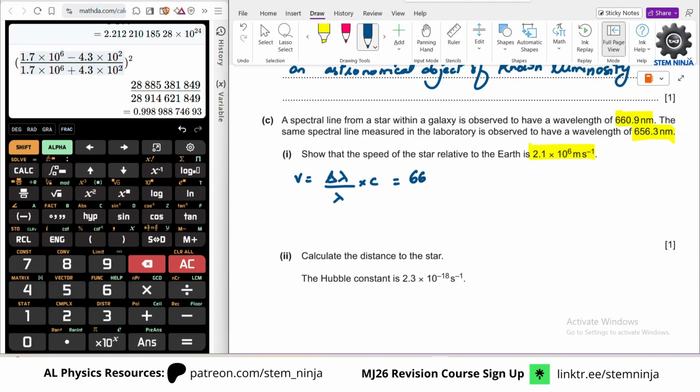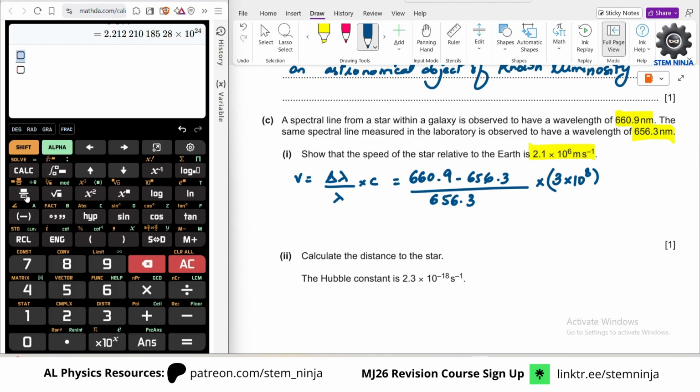So (660.9 − 656.3) divided by 656.3 times the speed of light, 10^8.